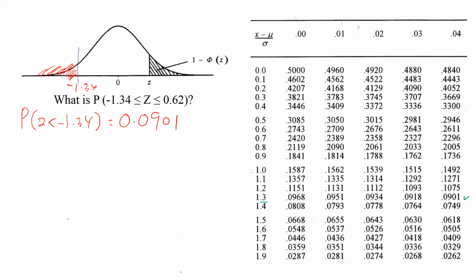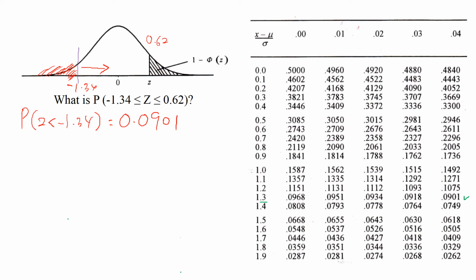What we want is the value to the right of negative 1.34, because we want to go up to 0.62.